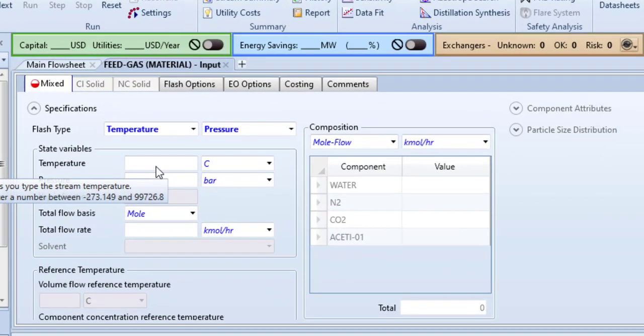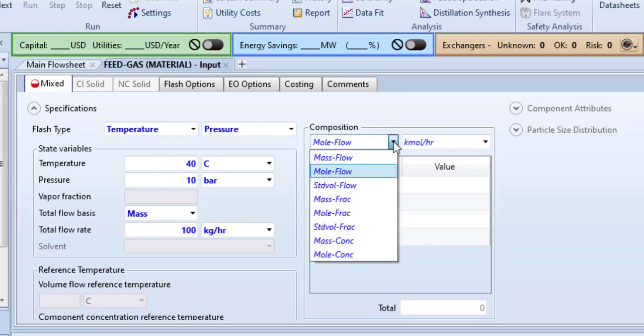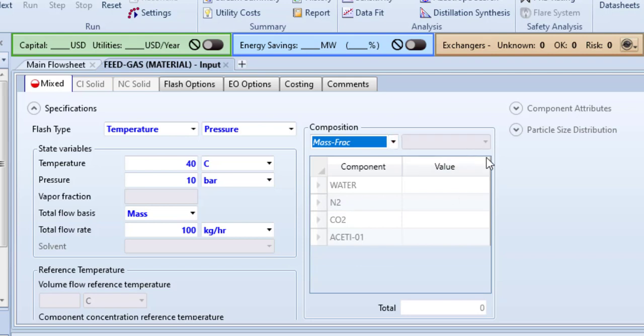So for feed gas, we have temperature equals 40. The pressure is equal to 10 bar. The flow basis will be mass. The total flow rate is equal to 100 kg per hour. Let me do this mass fraction.